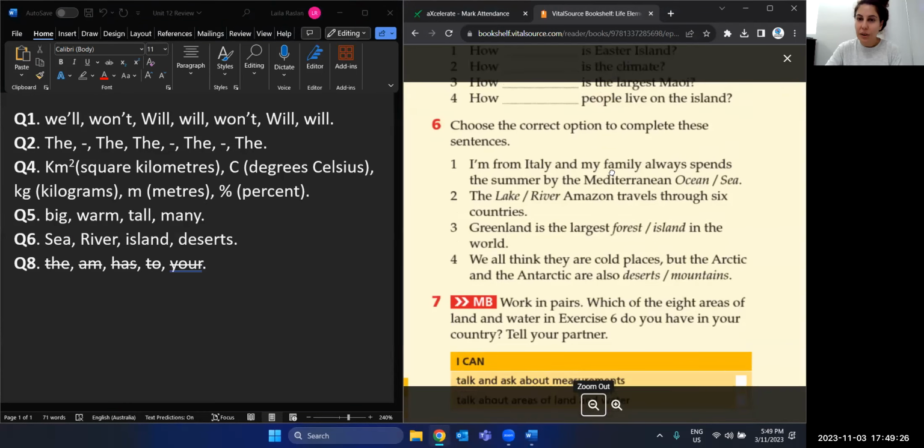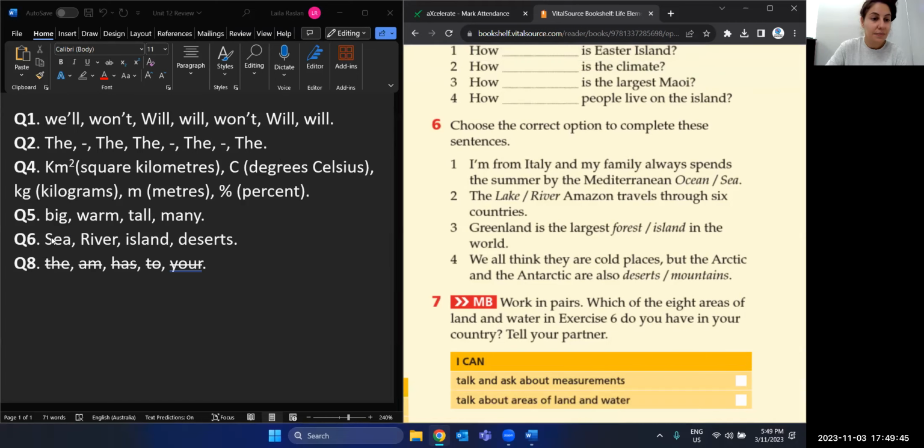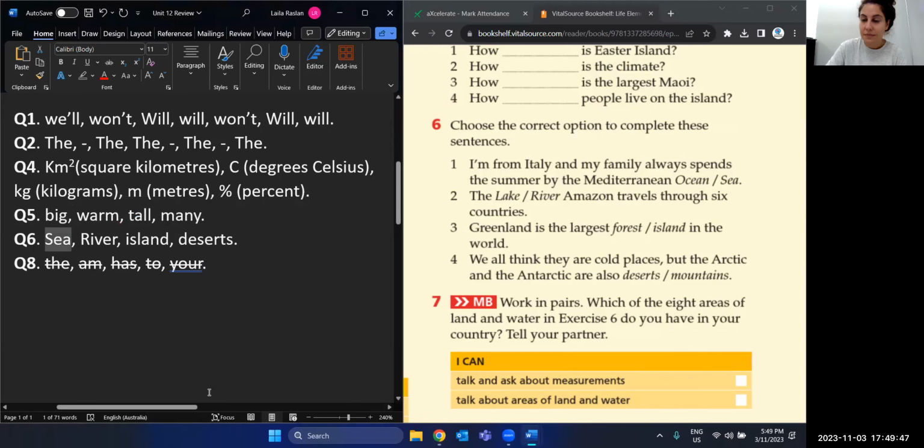If you remember, we also are looking at choosing the correct one. So let's see if we know if something is an ocean or a sea, lake, river, forest or island, desert or mountain. So I'm from Italy and my family always spends the summer by the Mediterranean Sea.